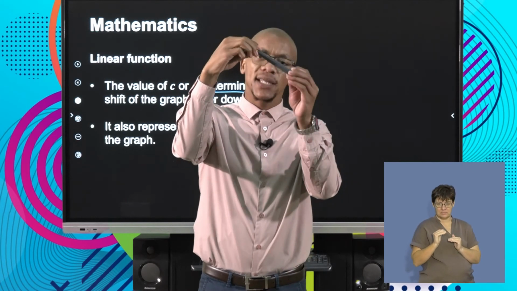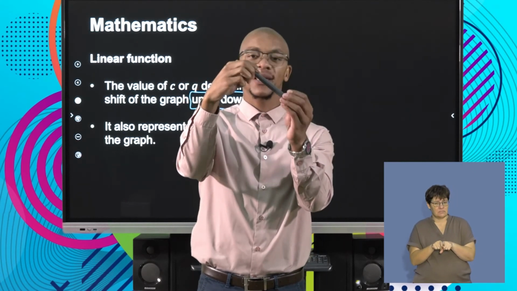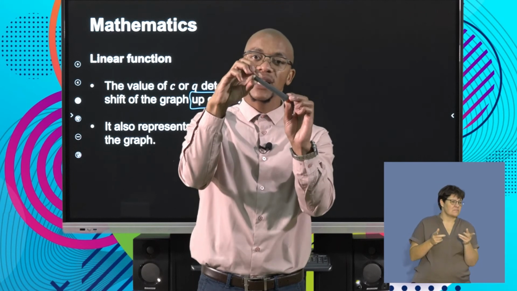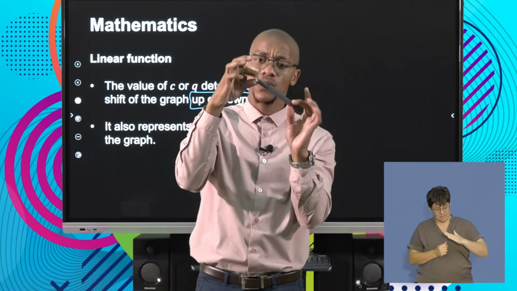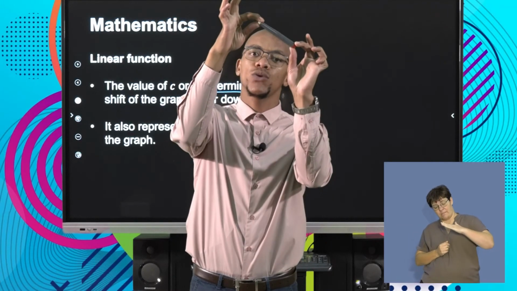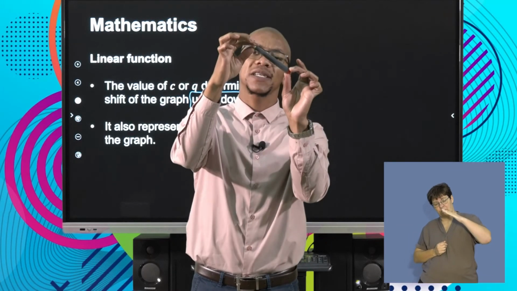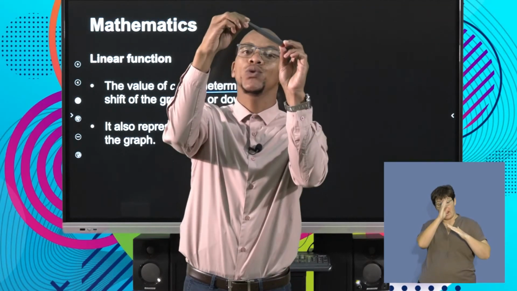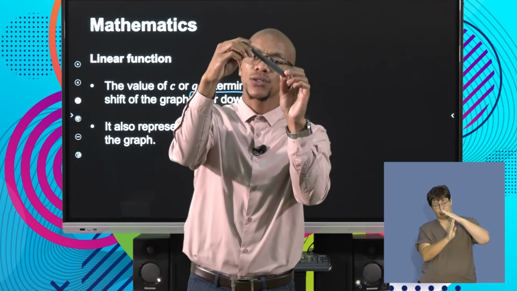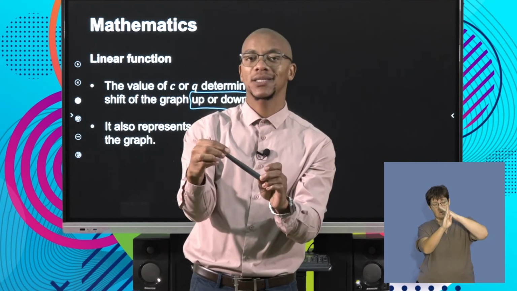But in the very same posture, the same nature it is in. You don't tilt it or anything. As is, you just slide it 1 unit up. If I say x plus 2, you slide it 2 units up. x minus 2, you slide it 2 units down.